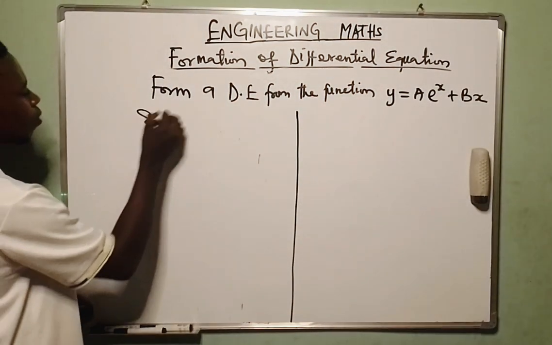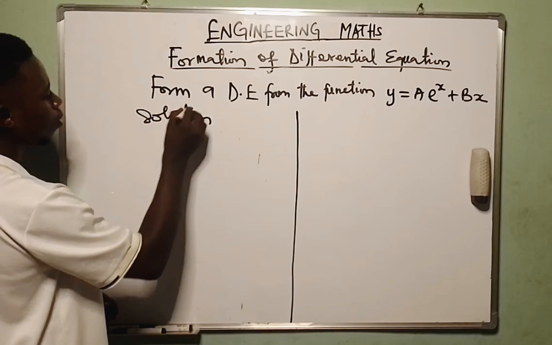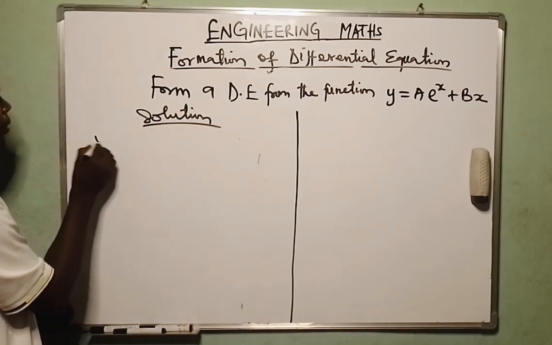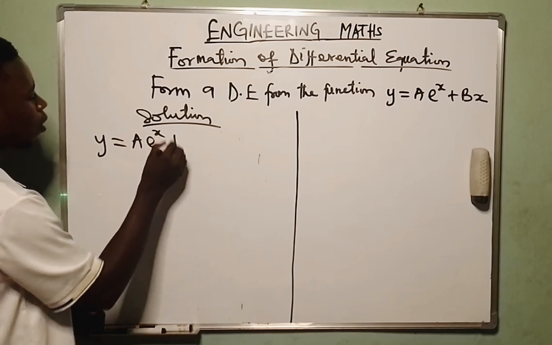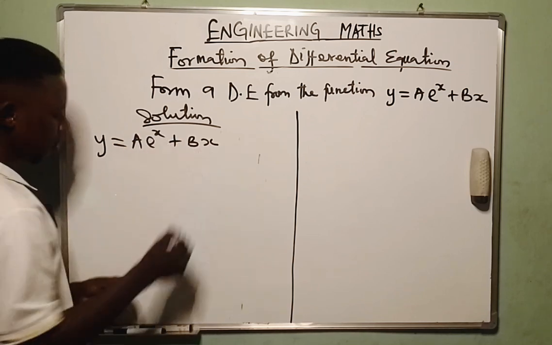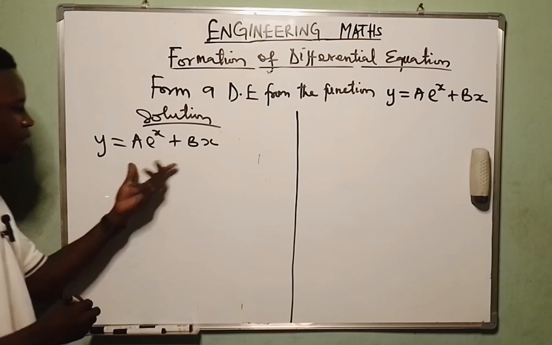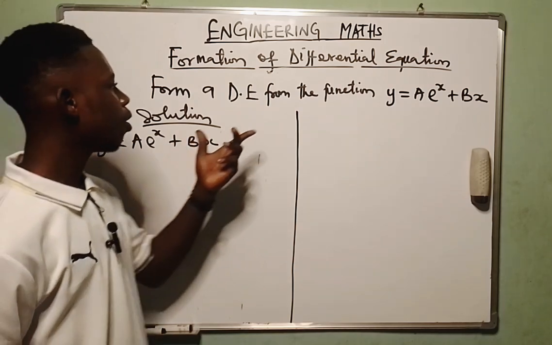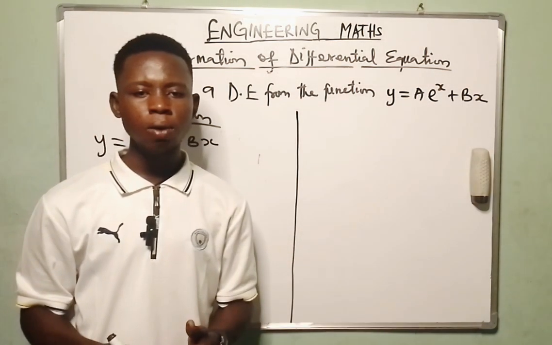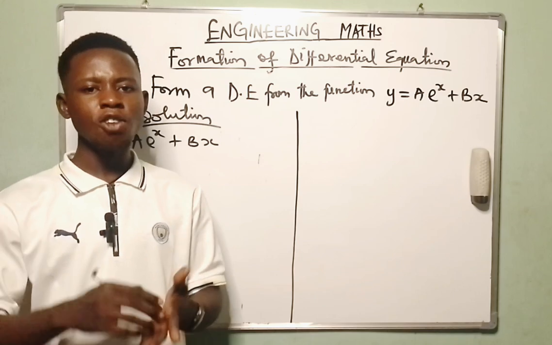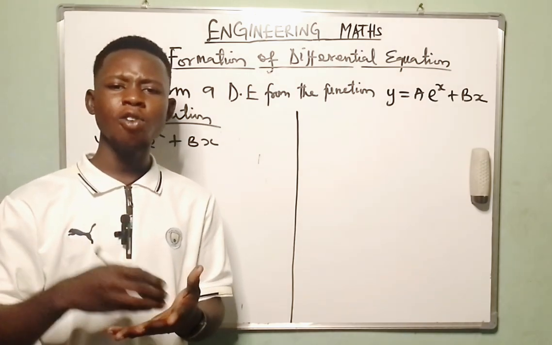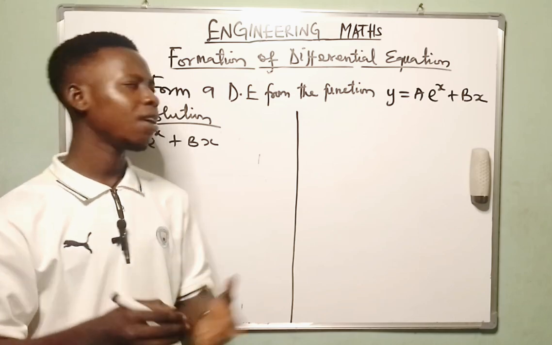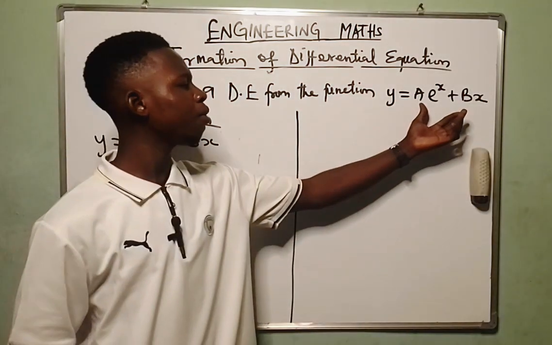Now, solution to this question. You have that y is equal to a e^x plus bx. For you to execute this, don't forget we said that to form a differential equation, we are going to be differentiating the ordinary equation as many times as there are arbitrary constants, which means that we have two arbitrary constants.